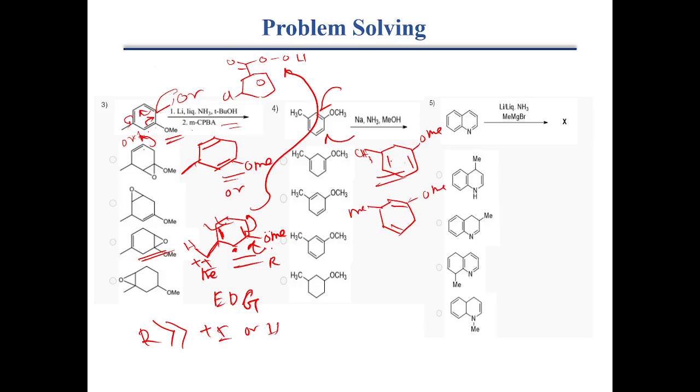This will be forming because both double bonds are in the position of the electron donating group. That's why this is more stabilized. So this will form this one.